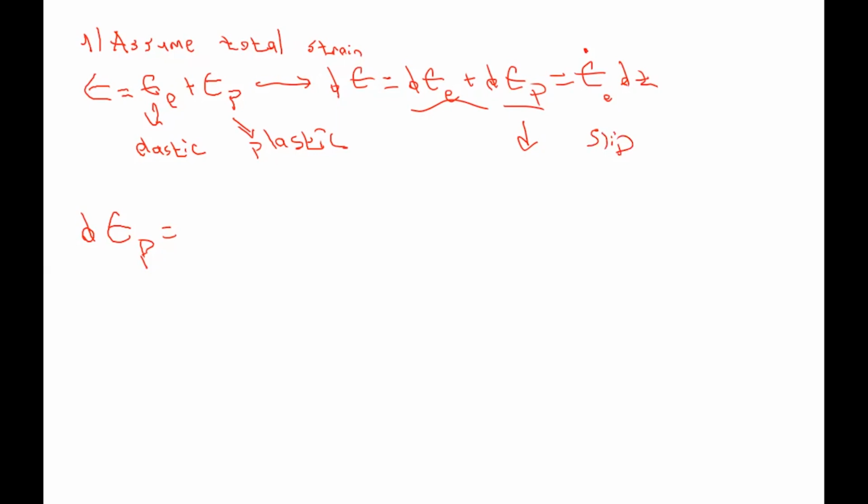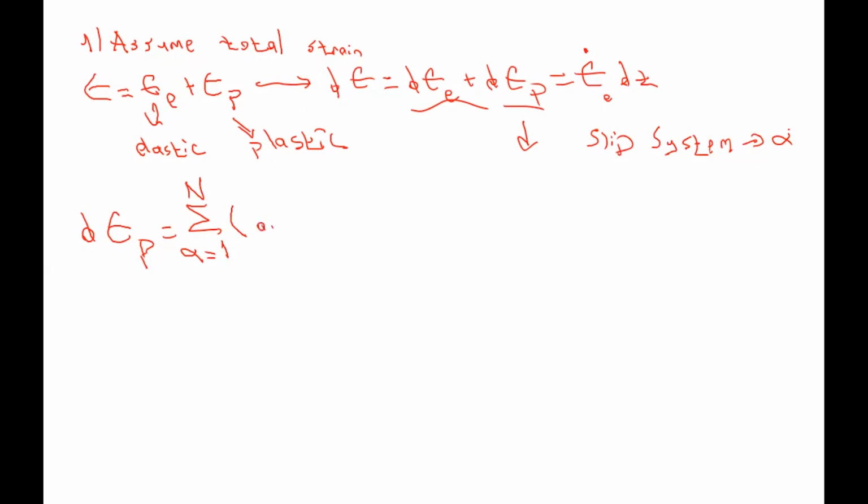So plastic strain is the summation of all slip systems. Let's define alpha as a slip system. In FCC, we have 12 slip systems. In BCC, we have 48 slip systems. We already know this. So for each slip system, from 1 to n, we just need to sum the amount of slip in each slip system, right? Due to the dislocation glide.